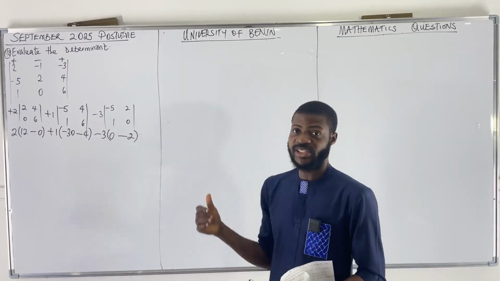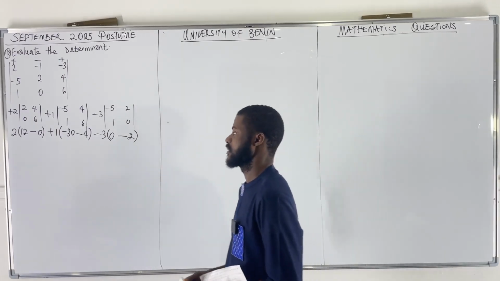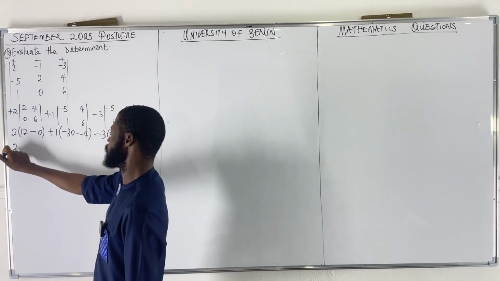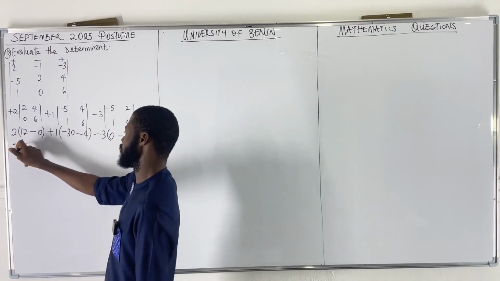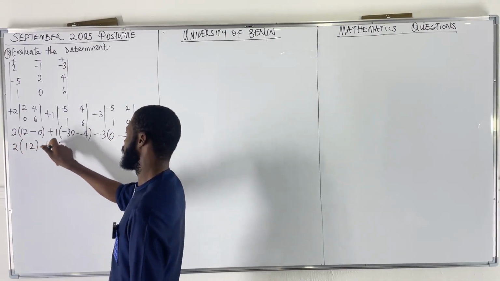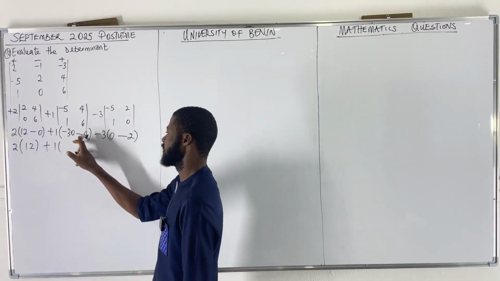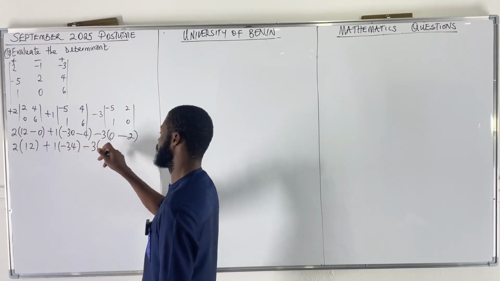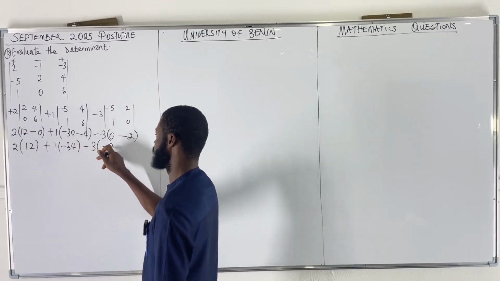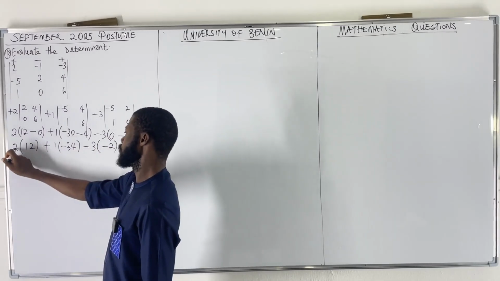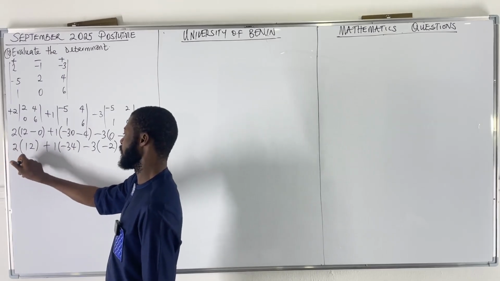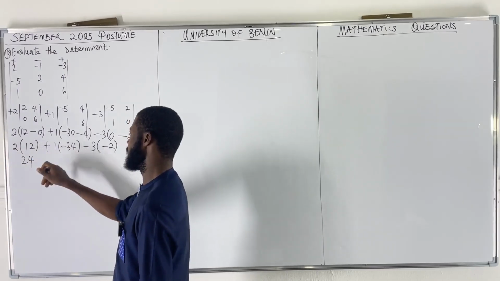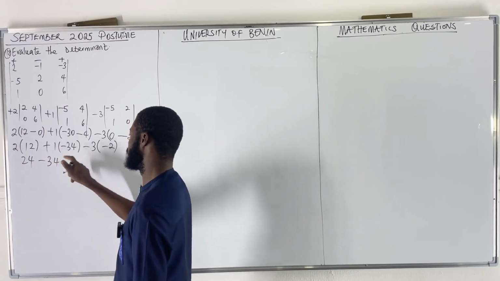We've just done the determinant of a 2 by 2 matrix, so it's easy to solve. So this is 2 into 12 minus 0 is just 12, plus 1 into minus 30 minus 4 is minus 34, and minus 3 into 0 minus 2 is minus 2. 2 times 12 is 24. 1 times minus 34 is minus 34.